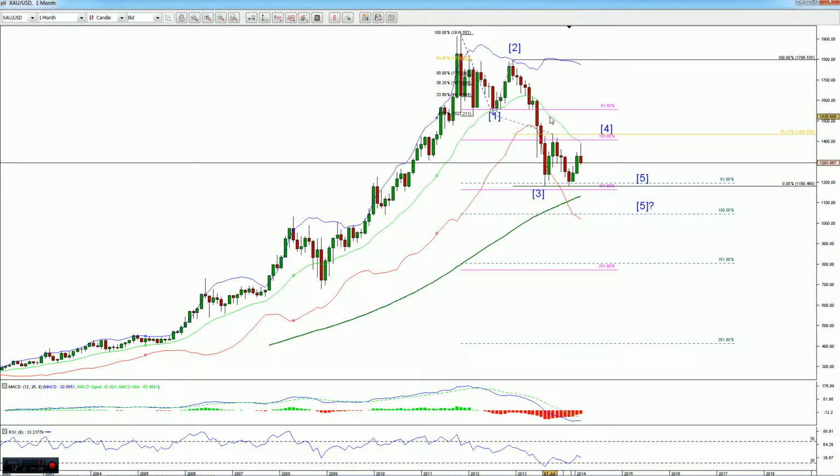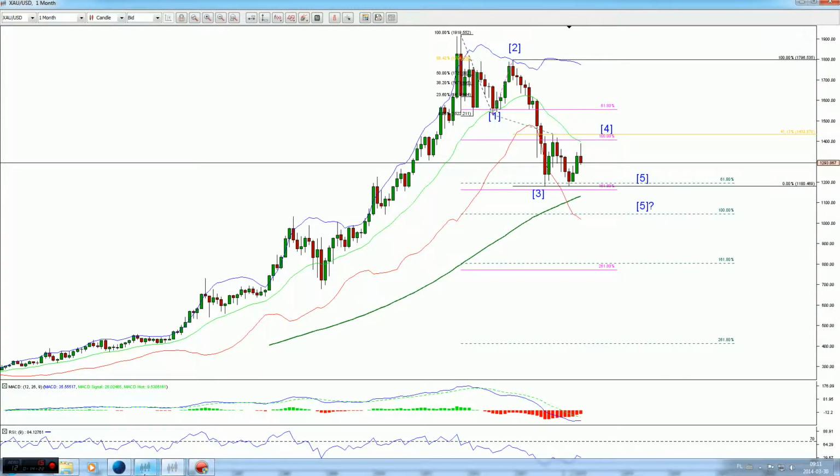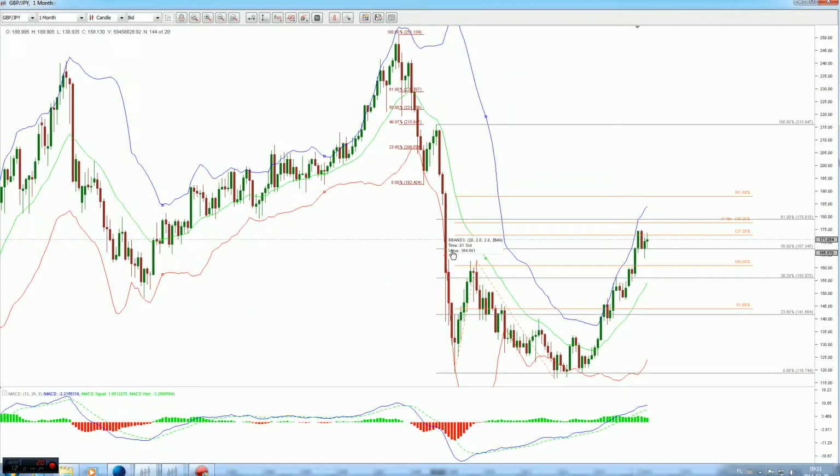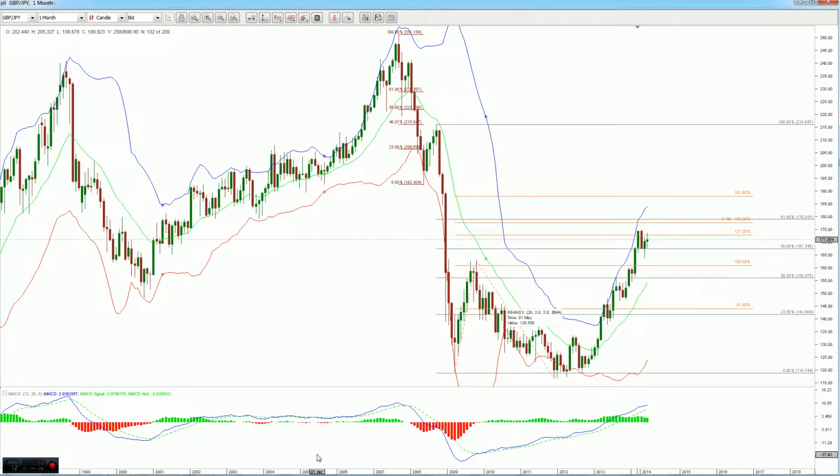You can see the market is respecting the Bollinger Middle Band, so there is a chance to develop a new impulse to the downside, in my opinion, and then the structure will be finished. Good. Great Britain pound, Japanese yen, the monthly situation. There's not much to talk about.